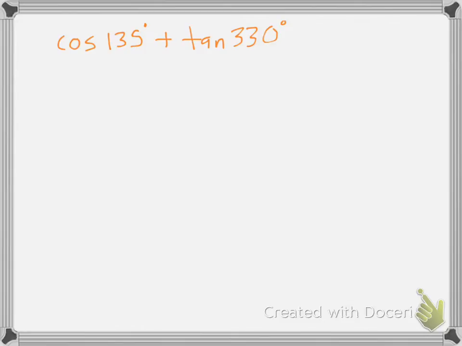Instead of just evaluating what the cosine of 135 is and leaving it, they're now going to have you do two different functions at two different angles, maybe even the same angle, and then at the end, put them together. We've done this with one of these already. We just never did it with more than one at one spot.